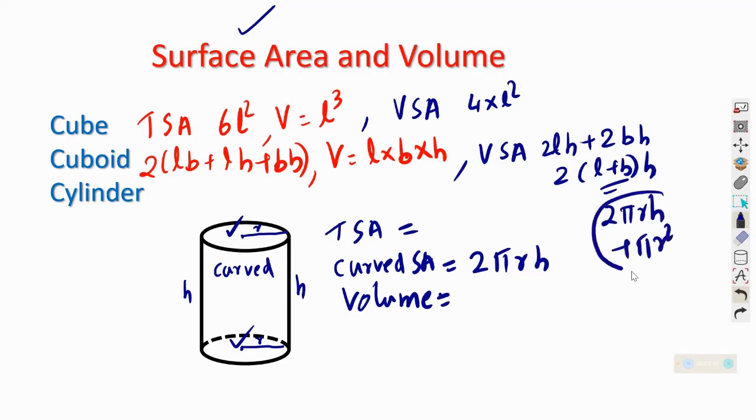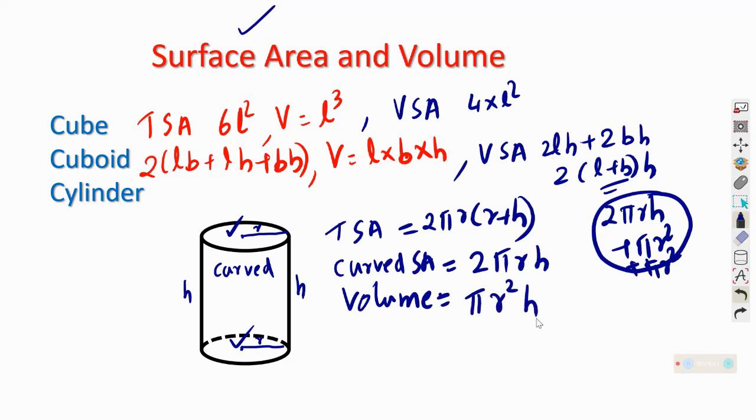On rearrangement, we got total surface area 2 pi r. There are two surfaces, so 2 times pi r square will come. So naturally we will write 2 pi r into (r plus h). This also you studied last year. And volume of a cylinder is calculated by the formula pi r square h.